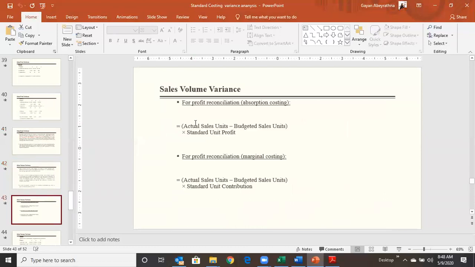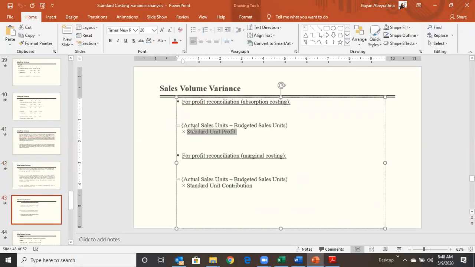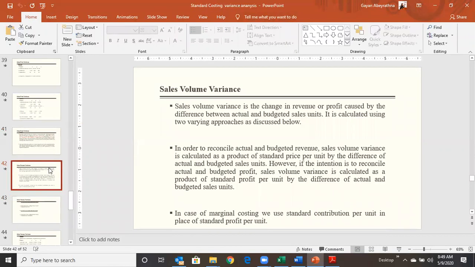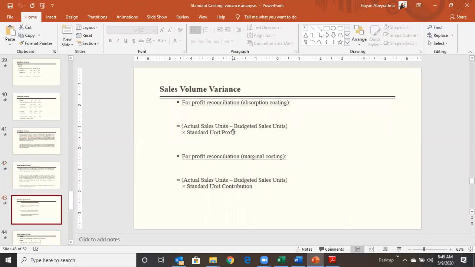Then sales volume variance. These things I will discuss later.